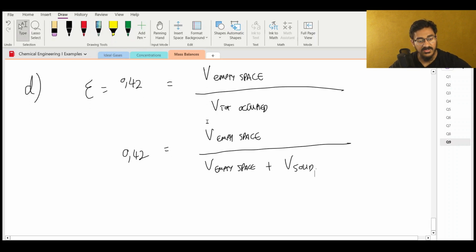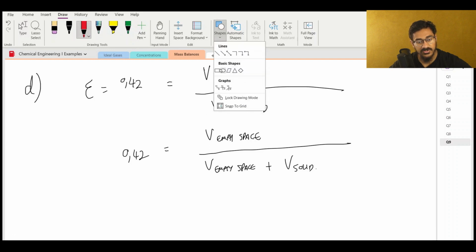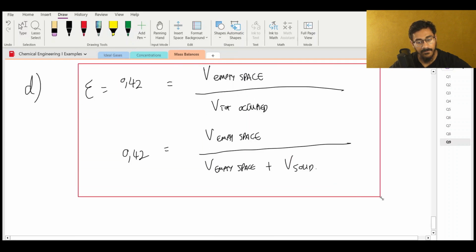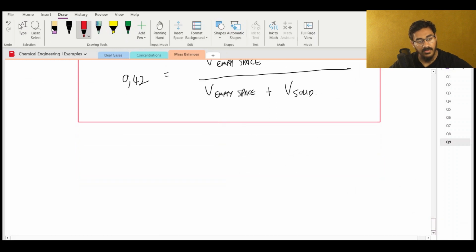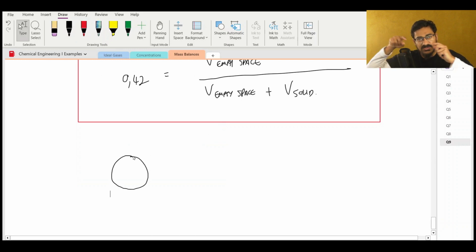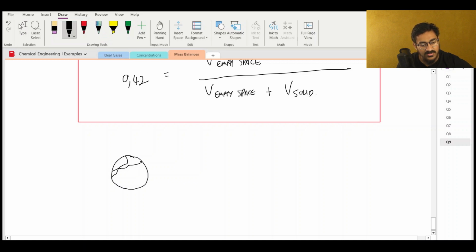So what does this mean? Let me just put this in a box so it looks a bit neater. I want you to picture a little ball of alumina catalyst. Inside of that alumina catalyst, it's got these tiny little channels. Within this ball, tiny channels.